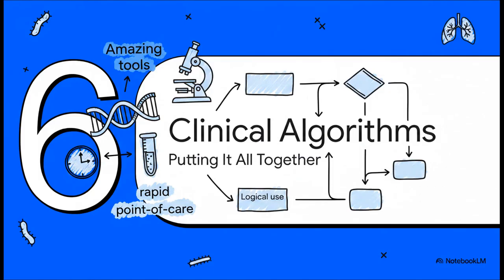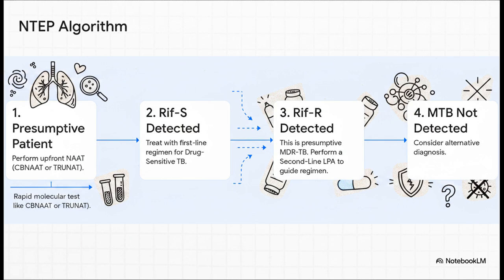So, we have all this amazing technology, but how do we actually use it in a smart, logical way when a patient is sitting in front of us? That's where diagnostic algorithms come in. Let's talk strategy. This right here is your key clinical takeaway. This algorithm is revolutionary. For any patient you suspect has TB, the very first thing you do now is an upfront NAT, a CBNAAT or a TrueNat, and that one single result from that one test dictates the entire path forward.